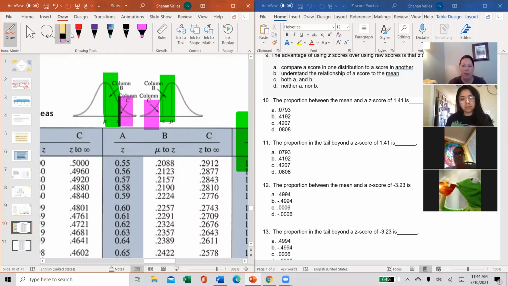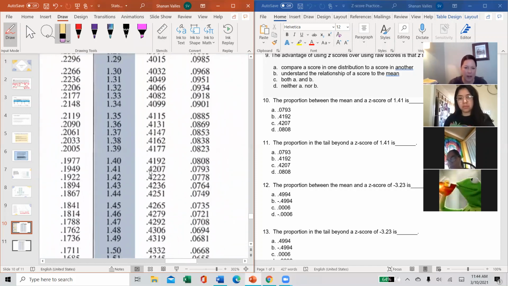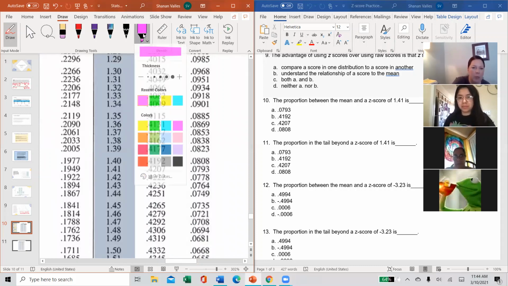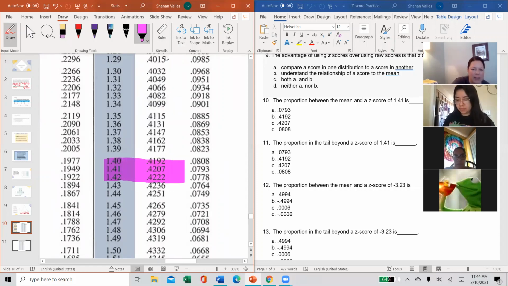All right. So did someone do 1.41 yet? Yeah. Okay, good. So we have 1.41 here. The proportion between the mean and a z-score of 1.41 is that right there, 0.4207.